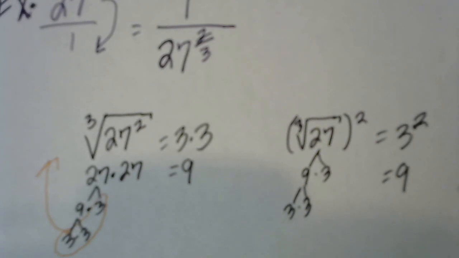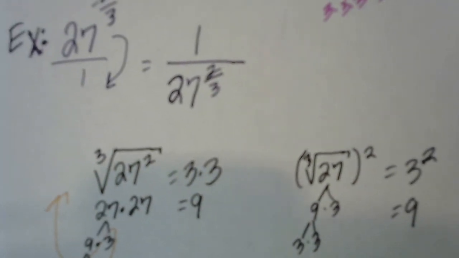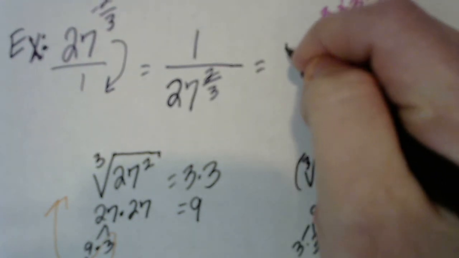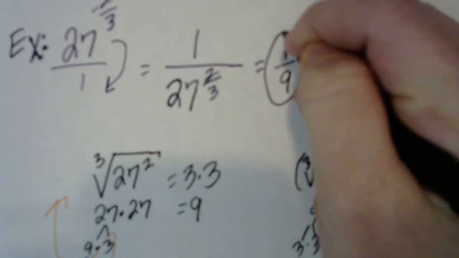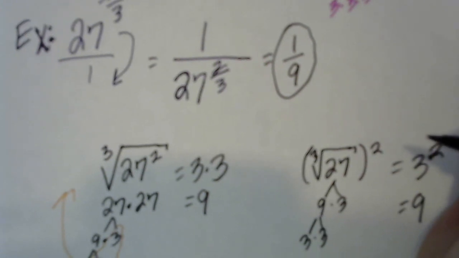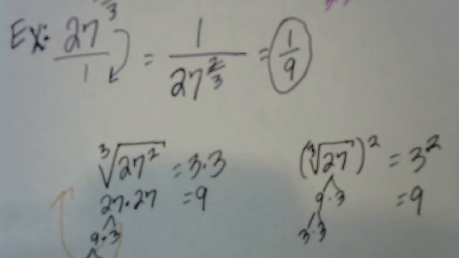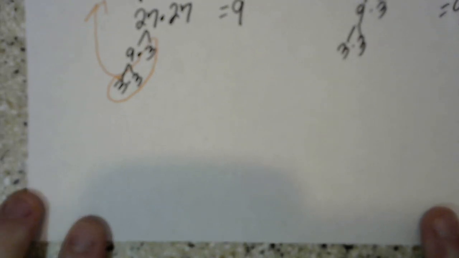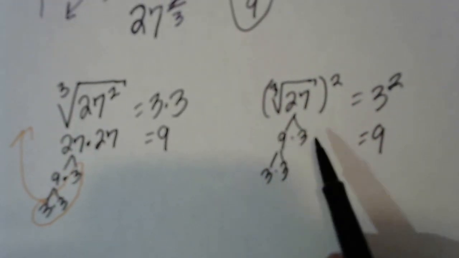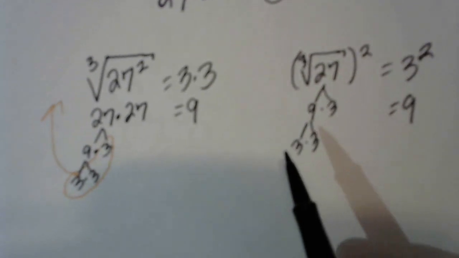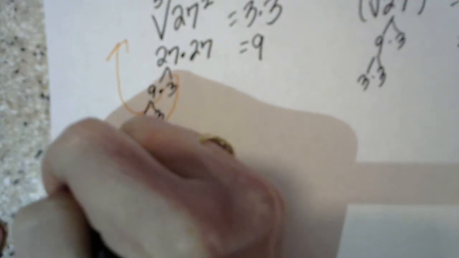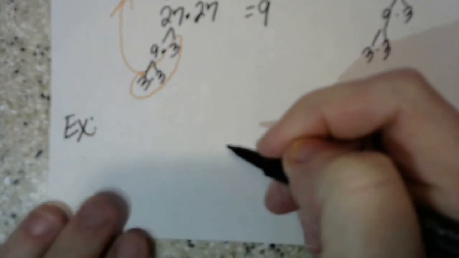So the cube root of 27 squared is 9, but in this problem it was 1 over that. So this answer is going to be 1/9. Okay? All right. We're going to do one more like this, and I'm only going to show it this shortcut way right here, just to save time.